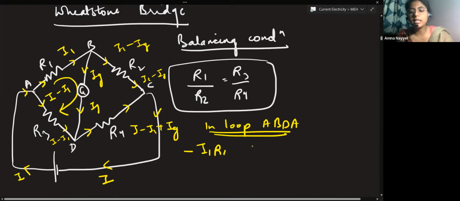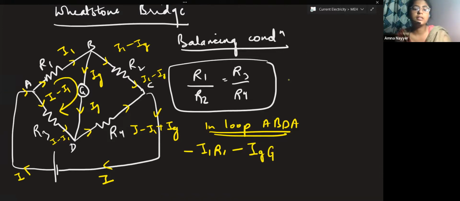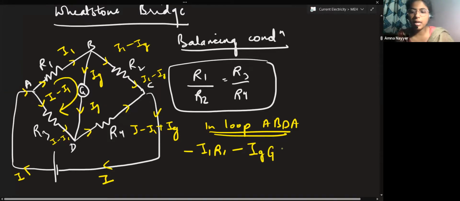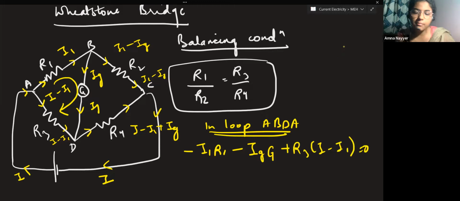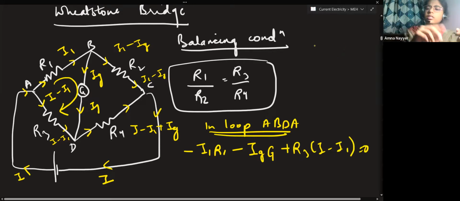So this becomes minus Ig into capital G. Lastly, we are going opposite to the direction of current, so this will be positive. So for positive, it will be what? Plus R3 (I minus I1).